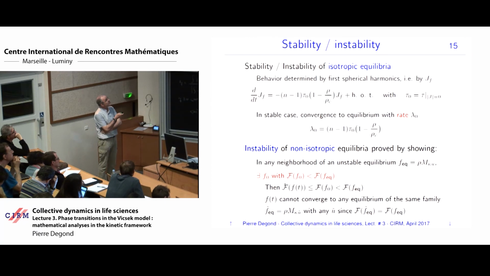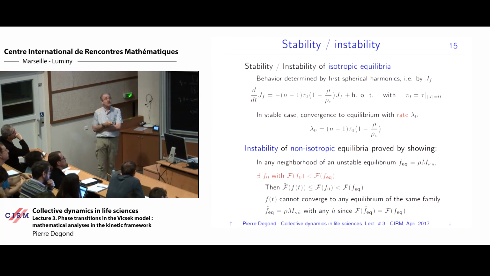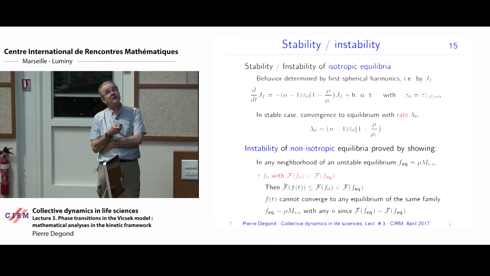And you see that the behavior is determined only by the first spherical harmonics which is non-zero, which is precisely J. J is the first spherical harmonics of F. If you look at the time derivative of this, you get a leading order term which, according to whether your density is larger or smaller than the critical density, is going to be either positive or negative.